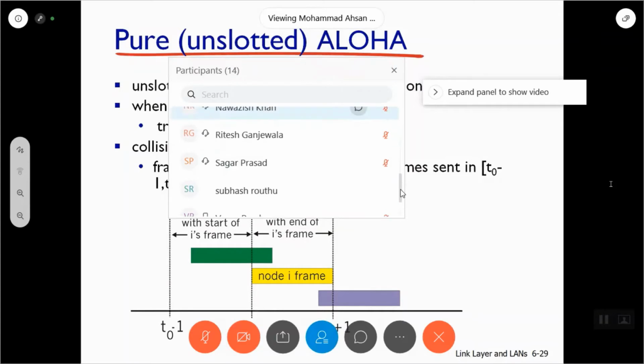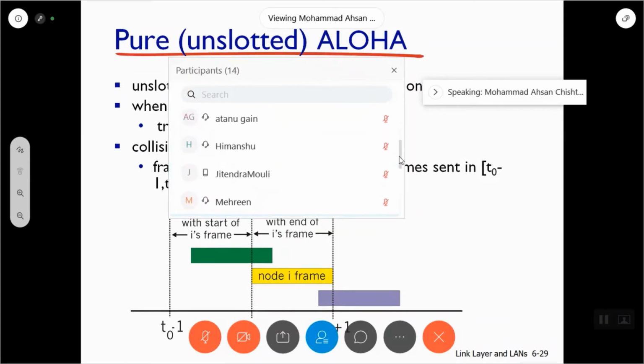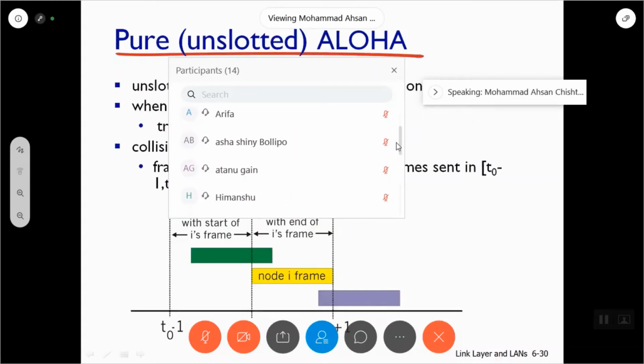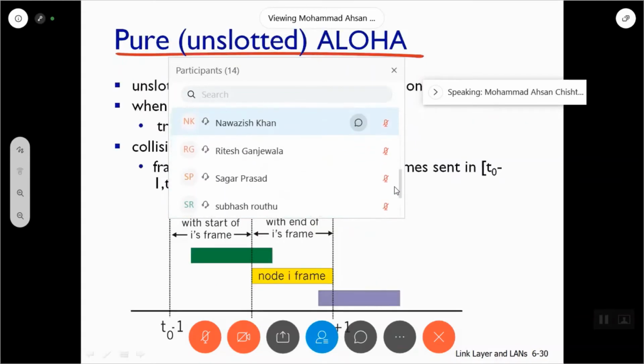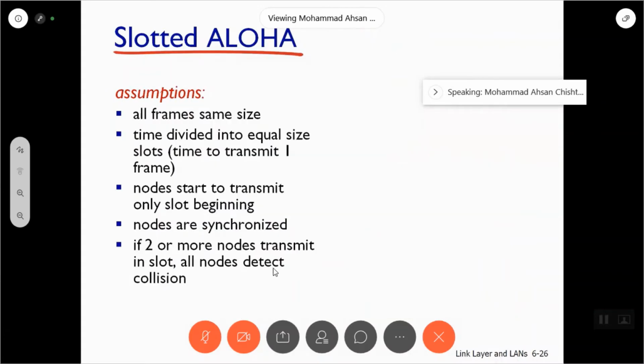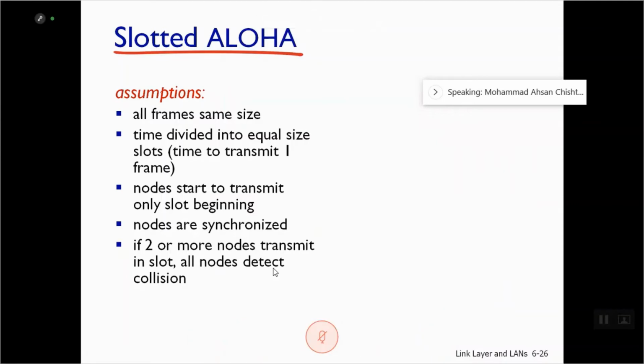To understand this, let's go back to slotted Aloha. Some assumptions that we took here are equal-sized frames and time divided into equal slots. Equal slot here means that if you want to transmit one frame, you would require a single time slot to send.